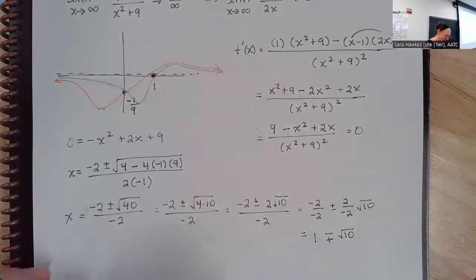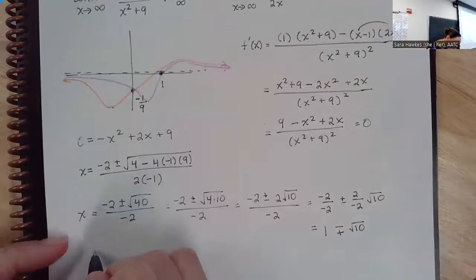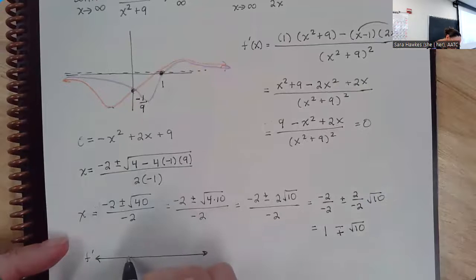So if my orange curve was right, I already know what my number line should look like for the derivative, and for the second derivative. But I'm going to do them anyway. I'm going to have 1 minus the square root of 10 and 1 plus the square root of 10.